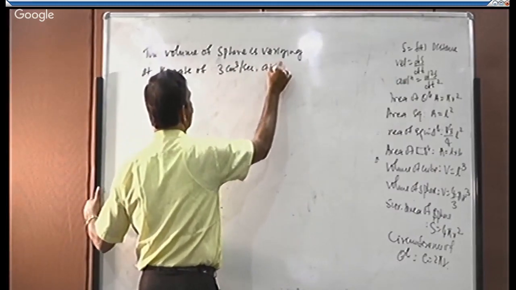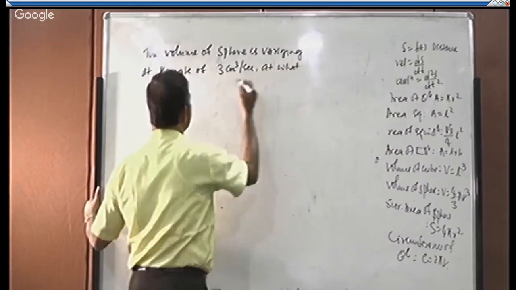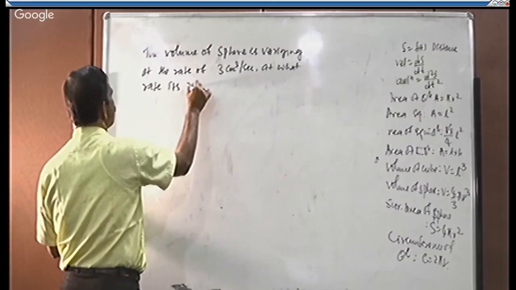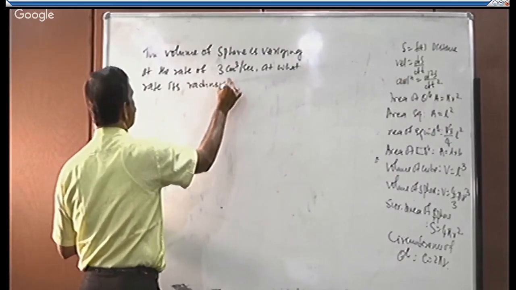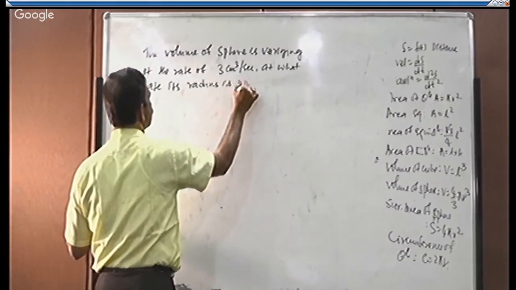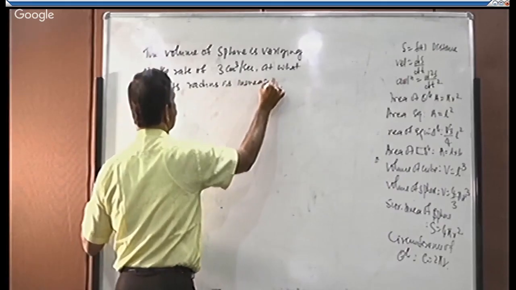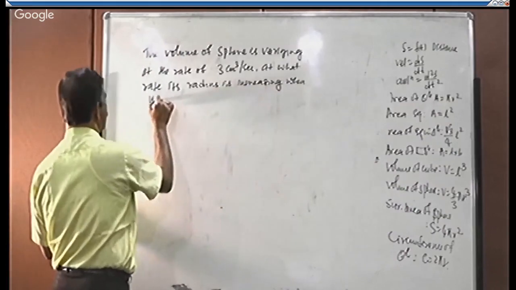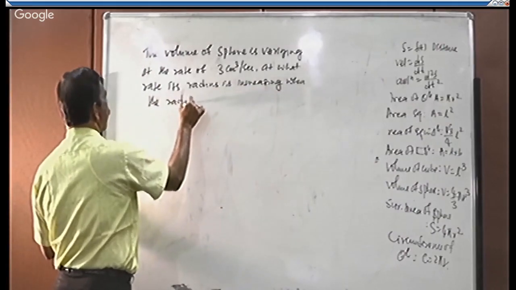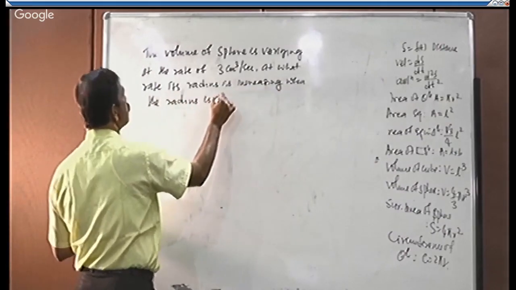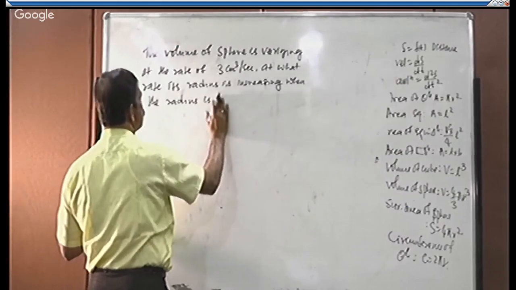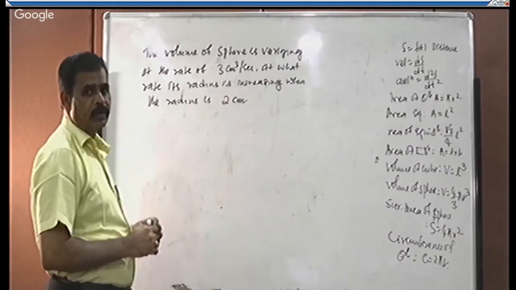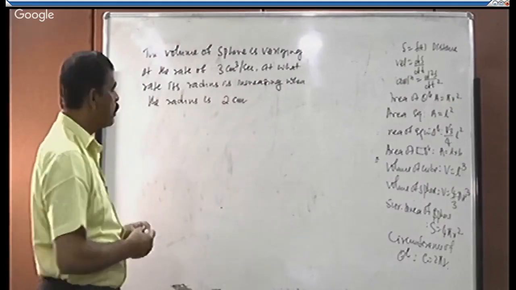At what rate is its radius increasing or varying when the radius is 2 centimeter? And the radius is 2 centimeter, right?